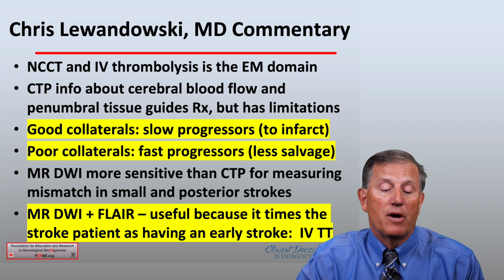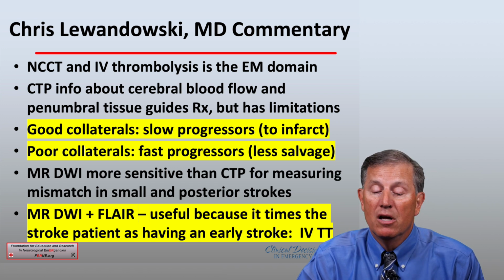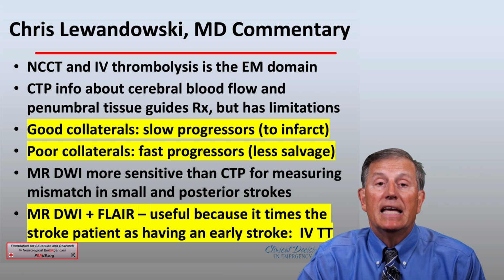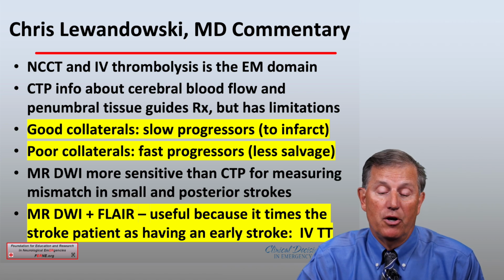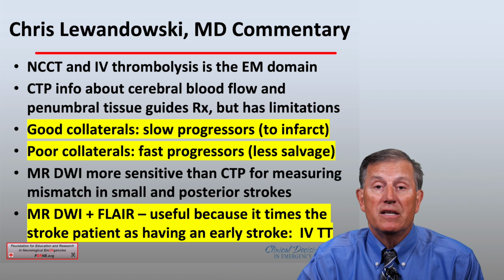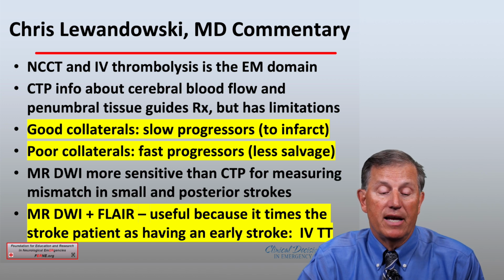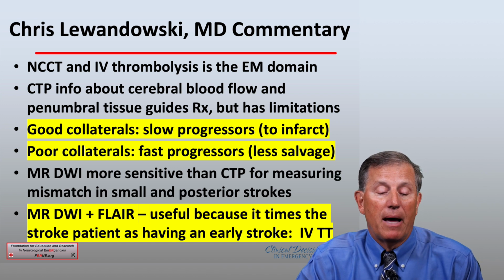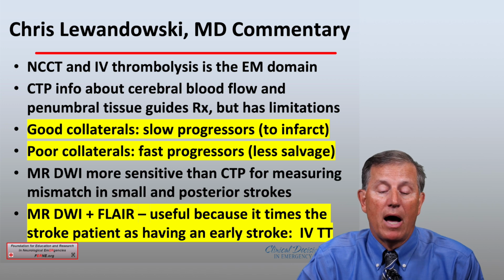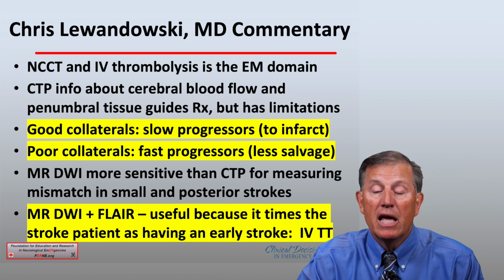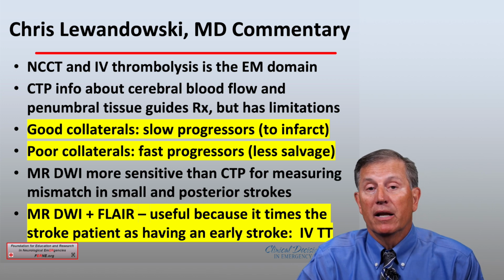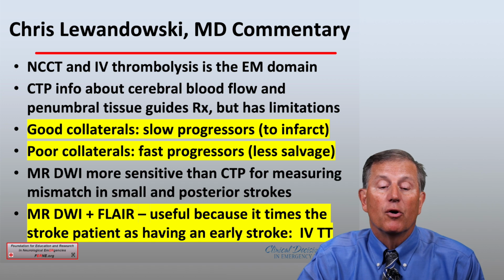He did demonstrate that MR-DWI is a bit more sensitive than CT perfusion for measuring a mismatch in small strokes and posterior strokes and should be used in these unusual presentations. And he talked about the issue of using DWI and FLAIR because it helps to time the stroke patient as having an early stroke, in which case IV thrombolytic therapy may still be useful.